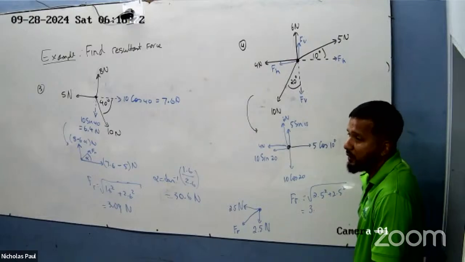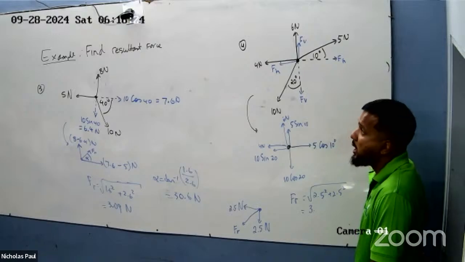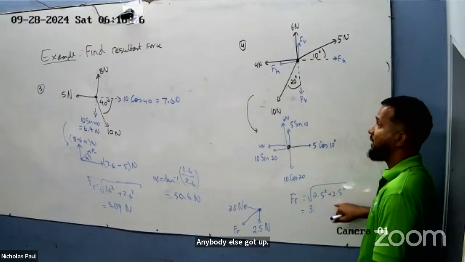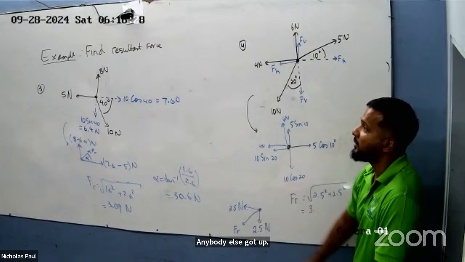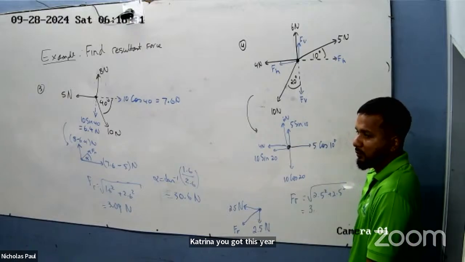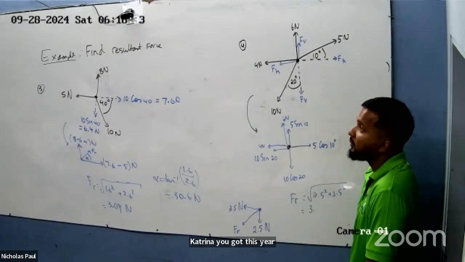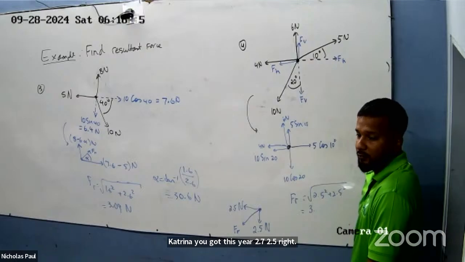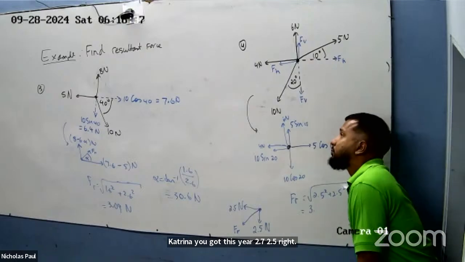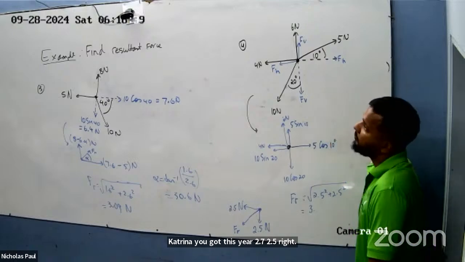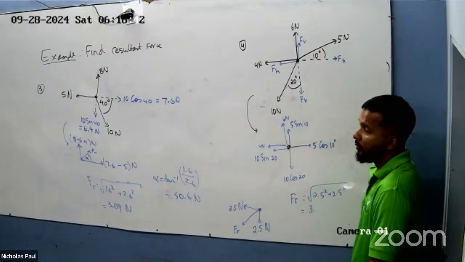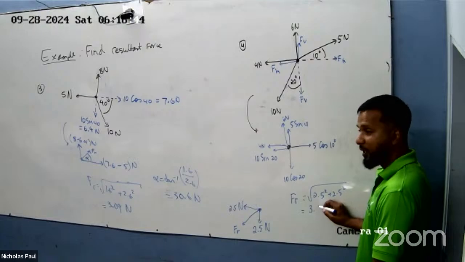Anybody else got that? Katrina, you got these values here, 2.5 and 2.5? And the square root is how much?